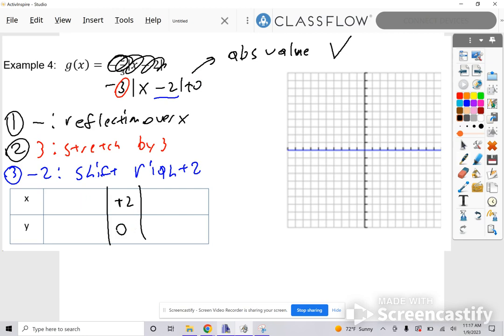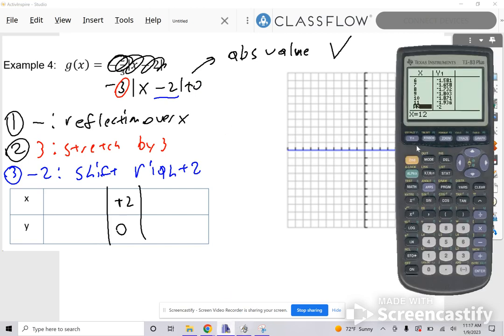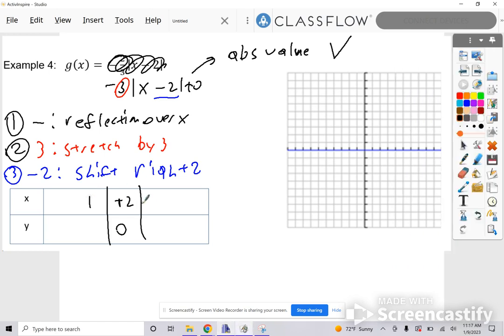Okay, go into my graph. So -3, math, right, enter, x minus 2, close parentheses. I want 2, and then I want the two numbers on the side, so 1 and 3 are both going to be at -3.